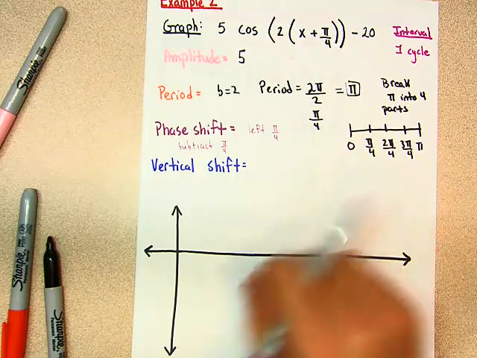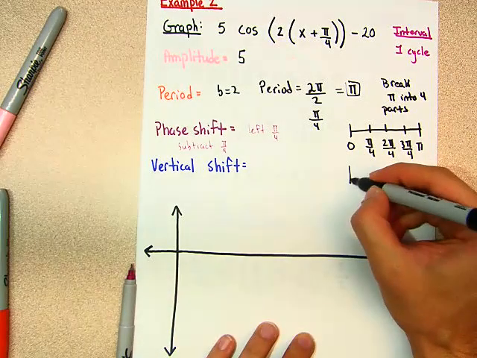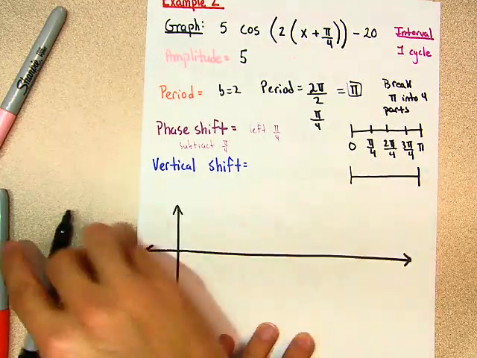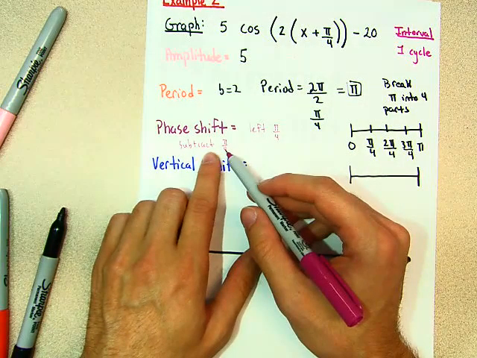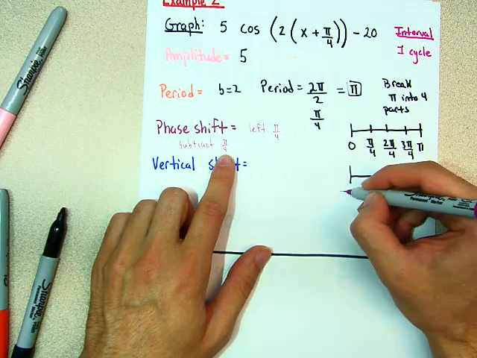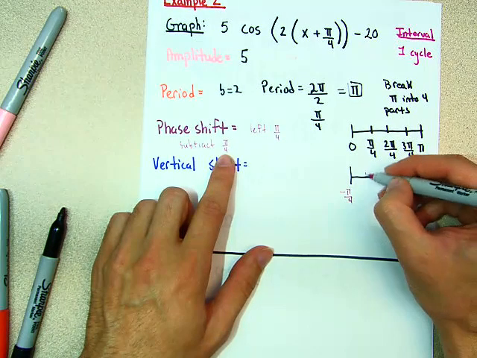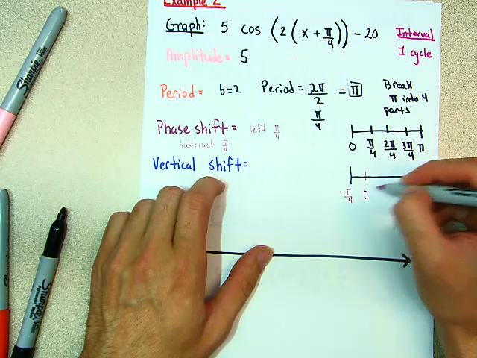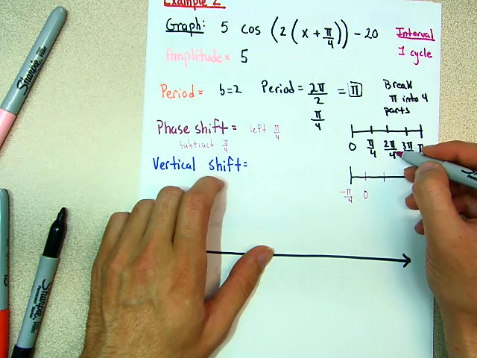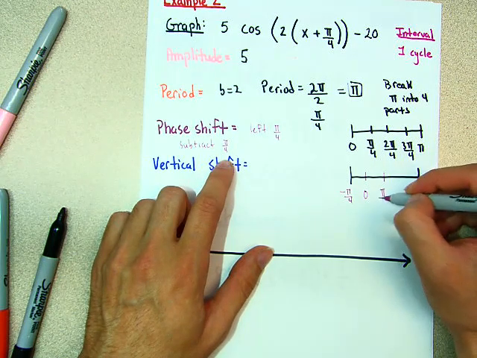So if I have our new interval now, we have to subtract. 0 minus pi over 4 is negative pi over 4. What is pi over 4 minus pi over 4? That's 0. Then 2 pi over 4 minus pi over 4 is pi over 4.